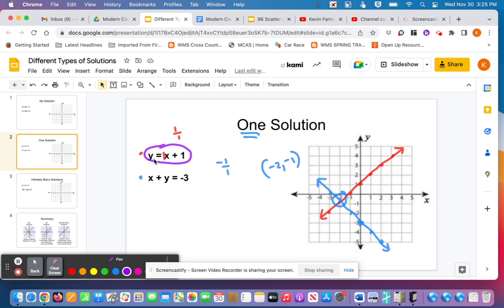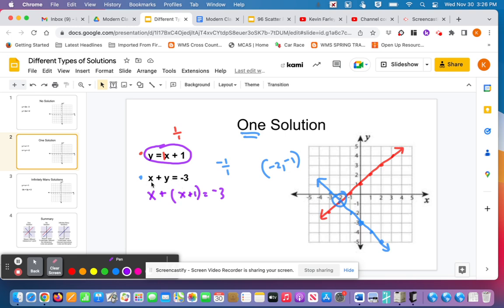That means whenever I see a y in the second equation, I can turn it into x plus 1. That's the substitution. So I have an x, I write an x. I see a plus, I write a plus. I see a y, bells, whistles, sirens, and strobe lights go off, and y is going to be replaced with x plus 1, and that equals -3.